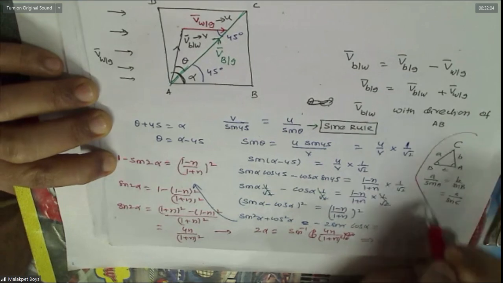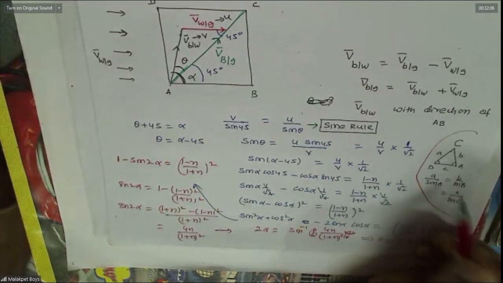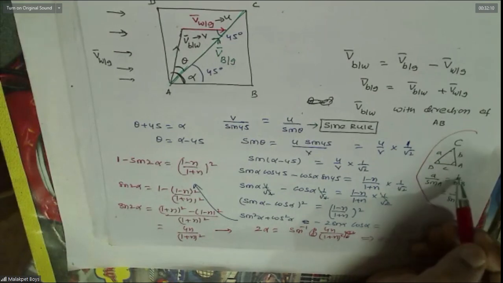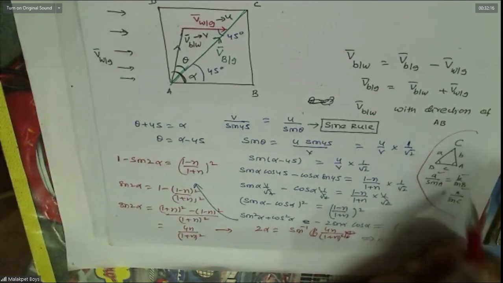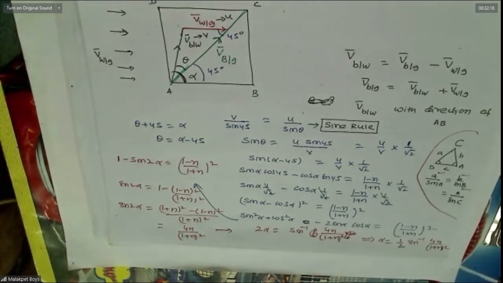Remember that here A, B, C should be the same physical quantity. All three may be velocities, all three may be accelerations, all three may be distances. This should be the same because the magnitude of a vector is represented by the length of a side, the length of the line. That line here is A. Understood this or not?